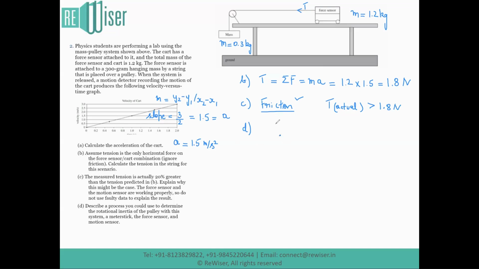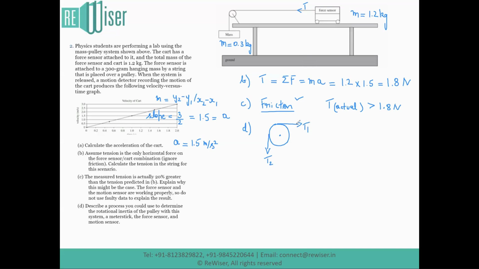The pulley system has 2 tensions acting. Let's call the first tension T1, acting in this direction because of the combination of the force sensor and the cart. And the second tension is T2.